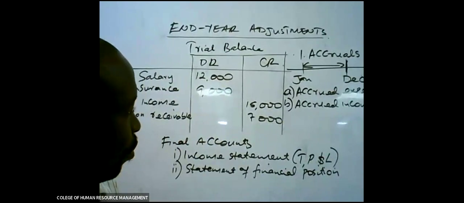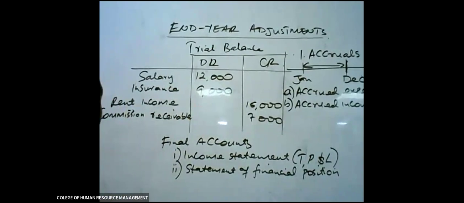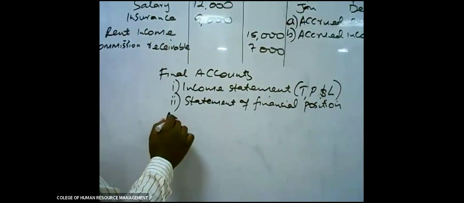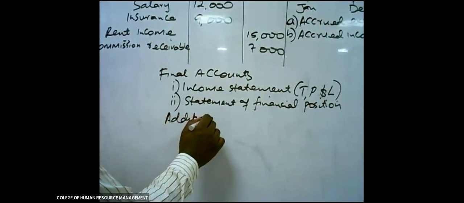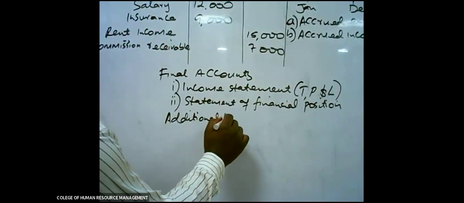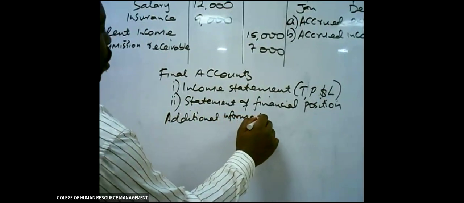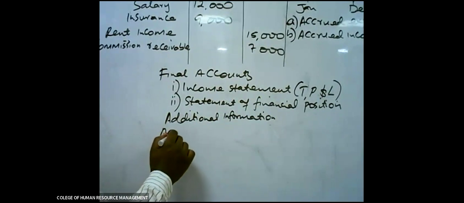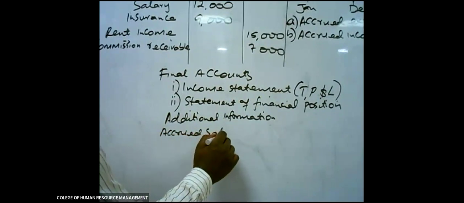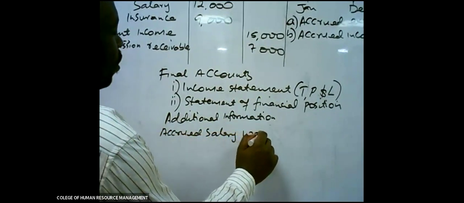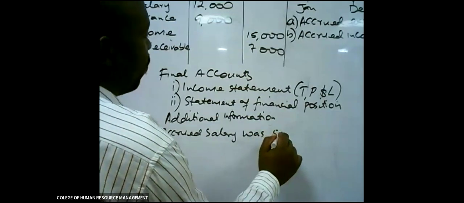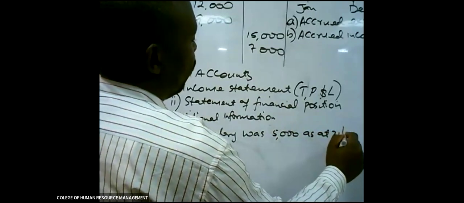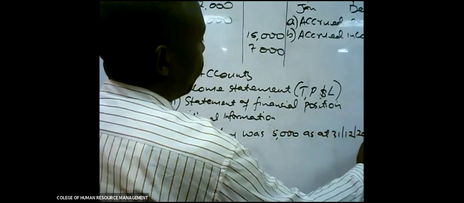But then, after this, you will be given what we call additional information. Additional information on the notes, whereby they will tell you accrued salary was maybe 5,000 as at 31st of December, maybe it was 2022.